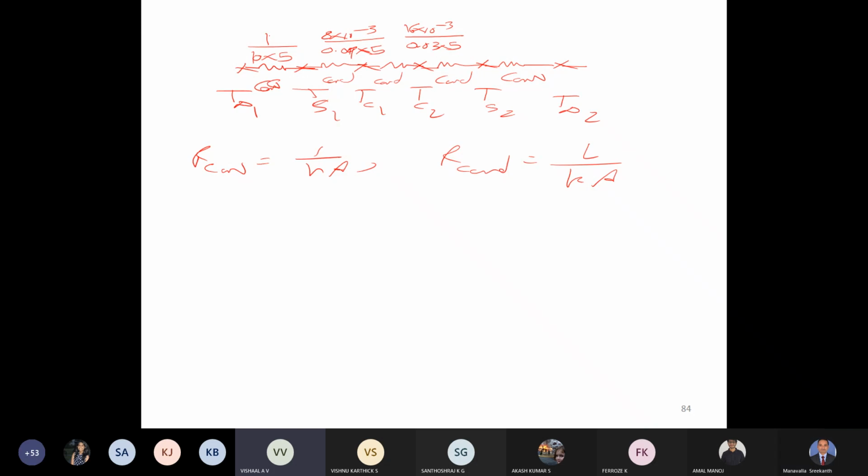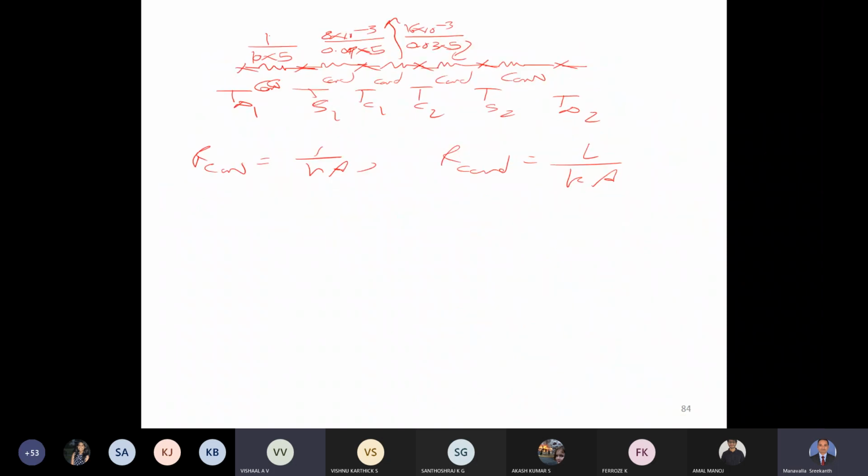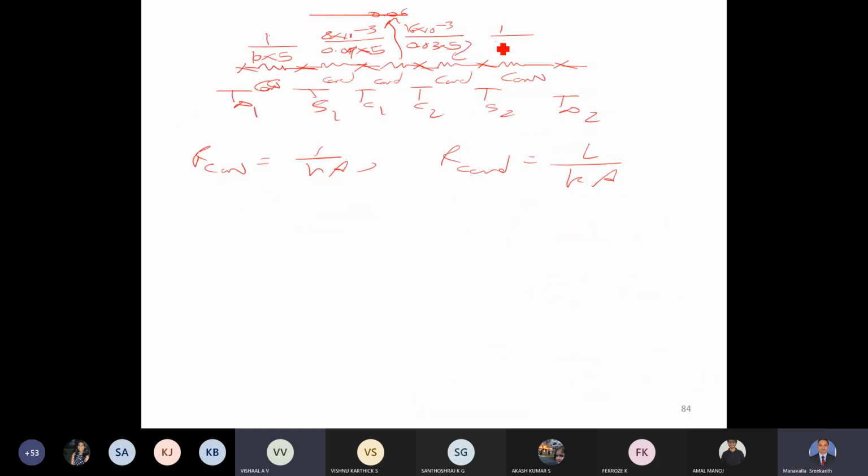In between these two is the contact, and we already know that the contact resistance is 0.06. And this convection is 1 by HA, where H is 20, so 1 by 20 multiplied by 5.